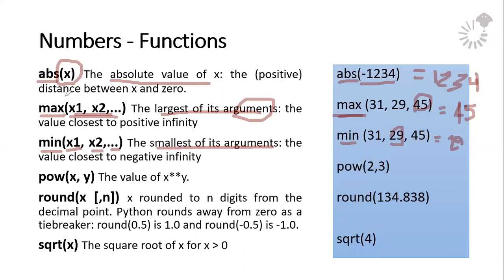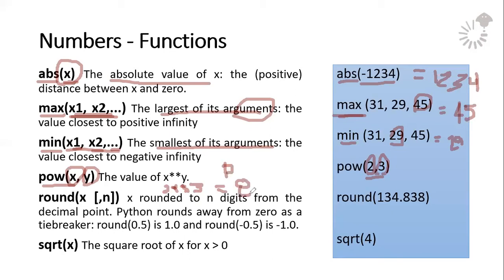So, ang difference nito, si absolute, isa lang yung hinihingi niya. Si max, pwede multiple. Si power, it's requiring you two values. Value for x and value for y. Kaya pag pinasa ko is power, like power 2, 3. This is x, 2, asterisk, asterisk. This is y. Ito yung magiging 3. So, 2 raised to 3, this will be 8.